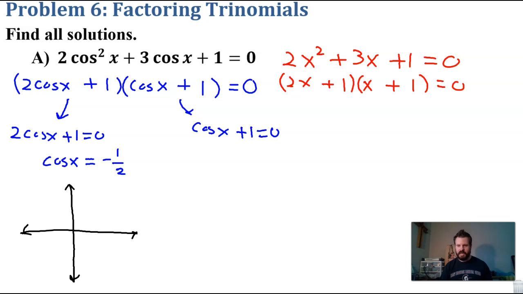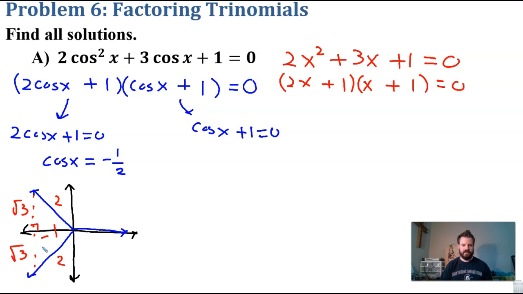Where will cosine be negative? That's going to be where we have the negative adjacent side, as in the second and third quadrants. Both of those will have a negative adjacent side. Here my adjacent side is a 1, hypotenuse would be 2, and it looks like root 3 will be the other side.